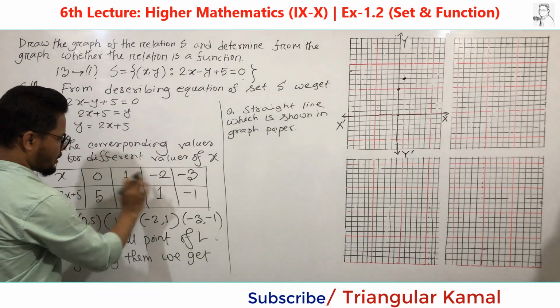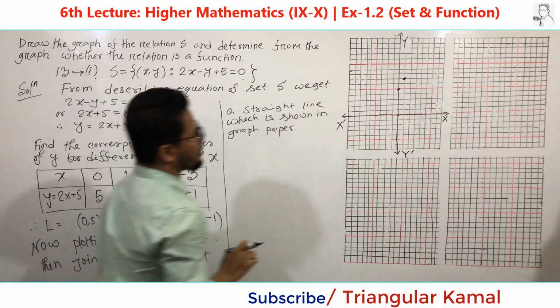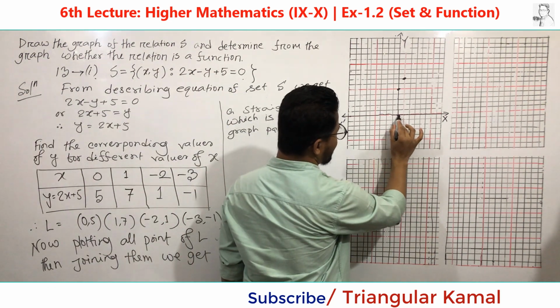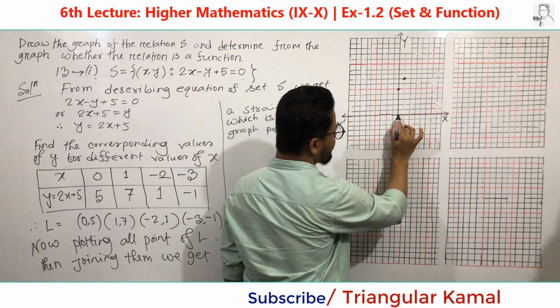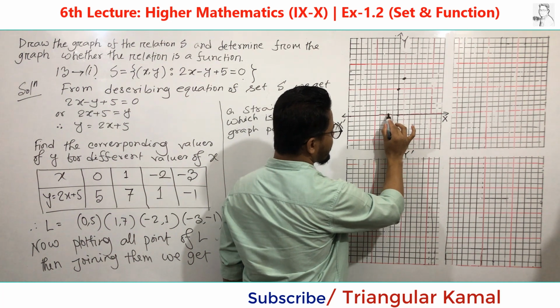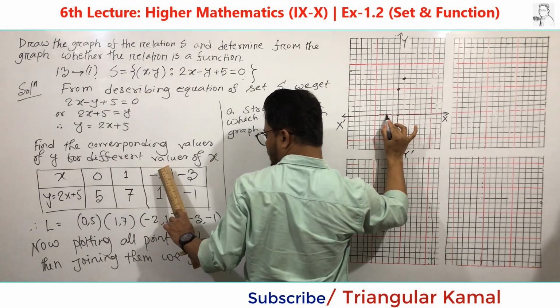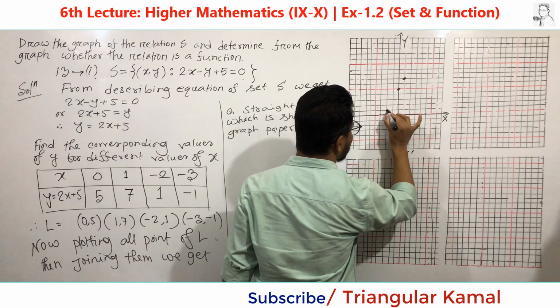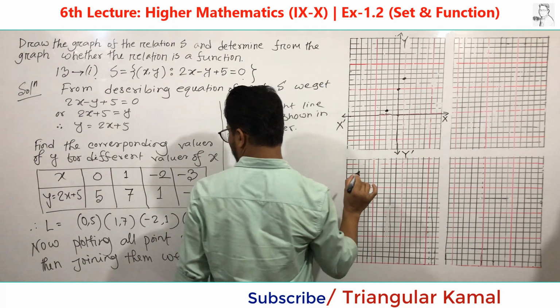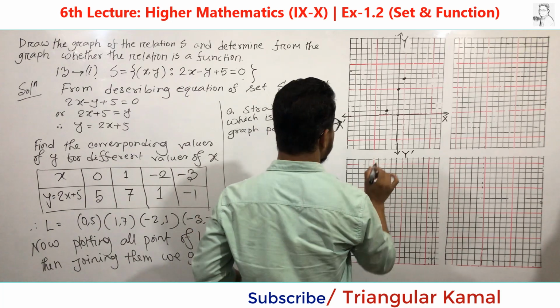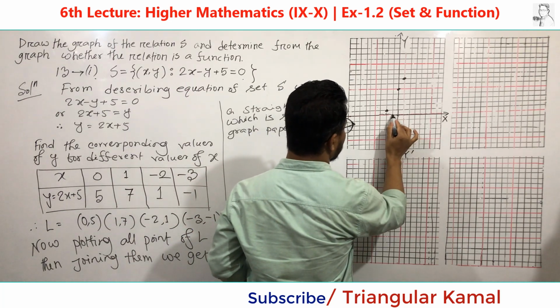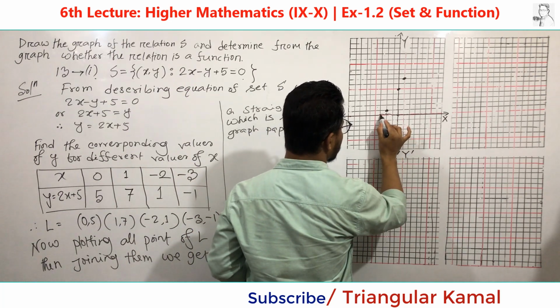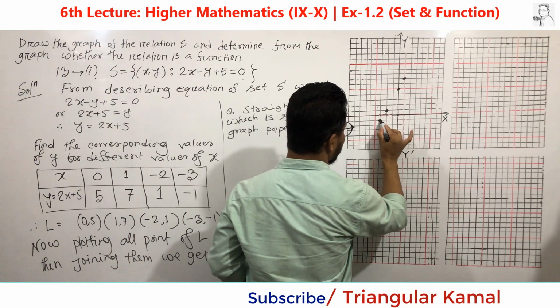Again x is minus 2, y is 1. So x is minus 2, that means from the origin to the left side, minus 1, minus 2. When x is minus 2, y is positive 1. Then the final one: when x is minus 3, y will be minus 1. So minus 1, minus 2, minus 3, y is minus 1.